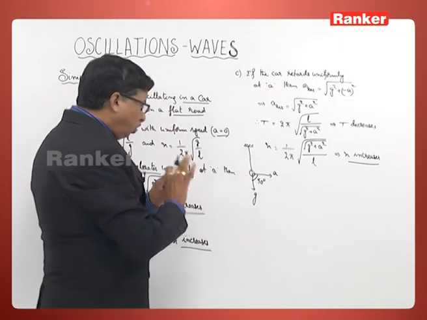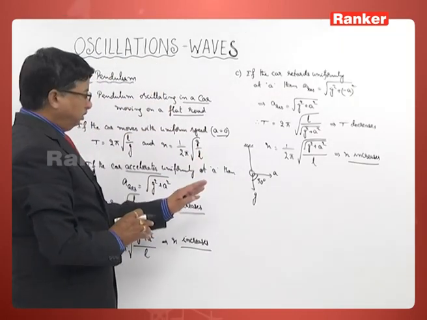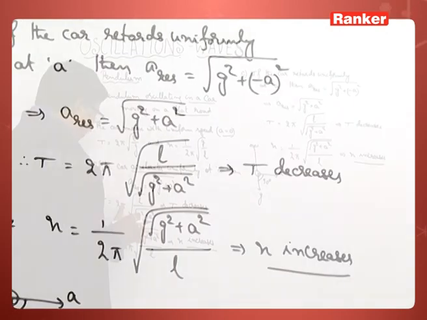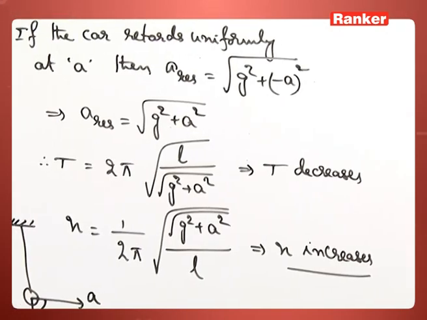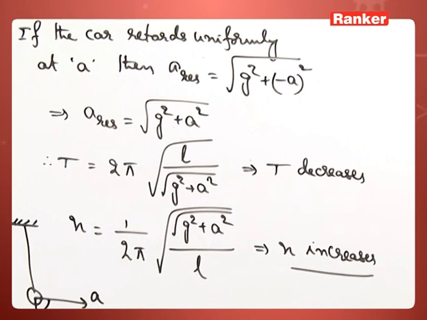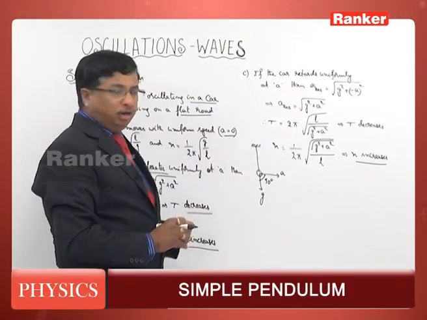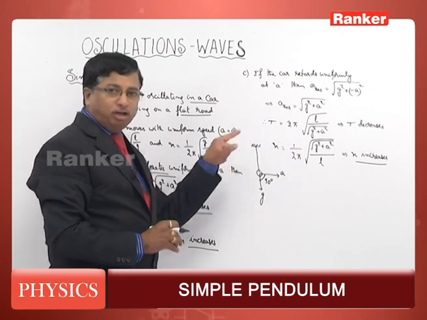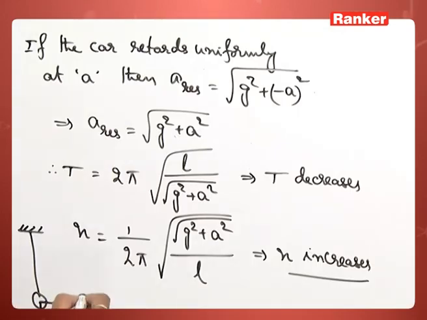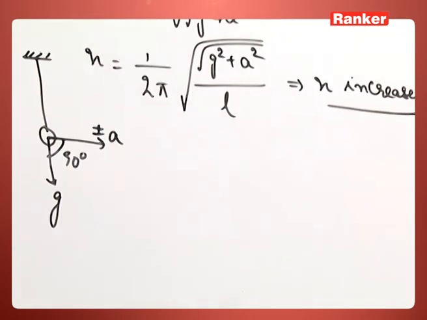So, there will be no difference whatsoever in the time period and frequency of the oscillating pendulum in the car, whether it is accelerating uniformly or retarding uniformly. That means you can remember here it may be plus or minus a.